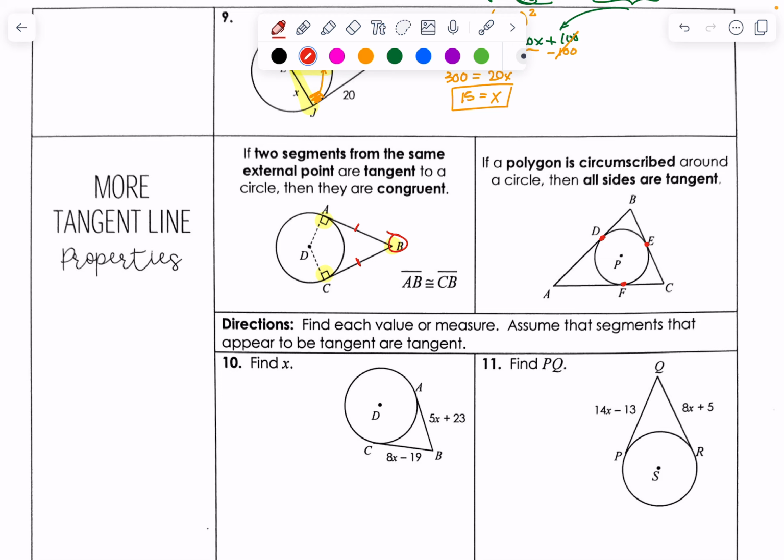And then, because AD and AF come from the same line, that means those two pieces have to be the same. And because DB and EB have the same point, just like over here, those are congruent. And because FE and CE have the same external point, then they are congruent.